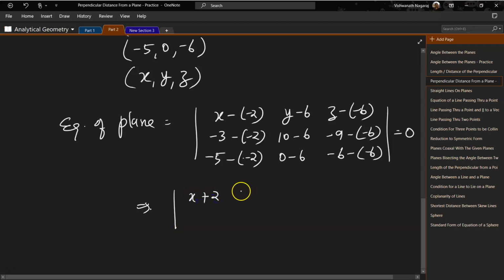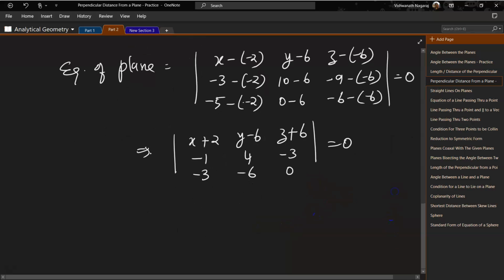x plus 2, y minus 6, z plus 6, minus 3, minus 3 plus 2. This would be minus 1, 4, minus 3, minus 3, minus 6, 0 is equal to 0.